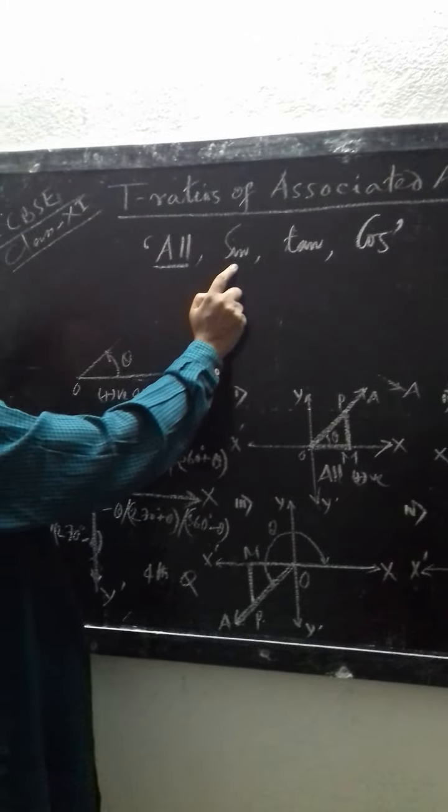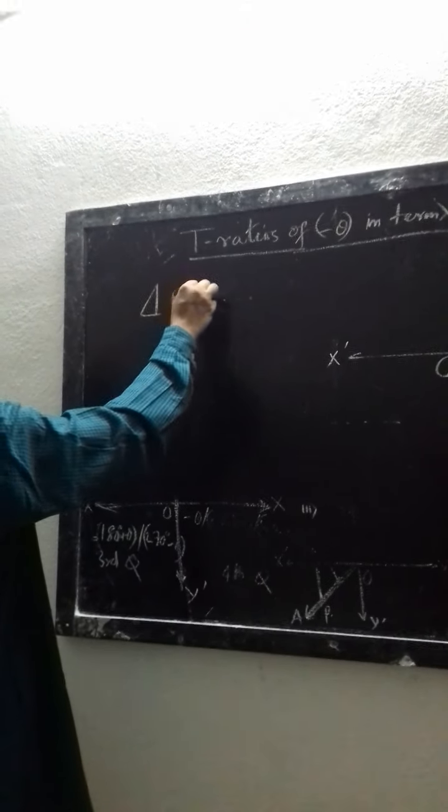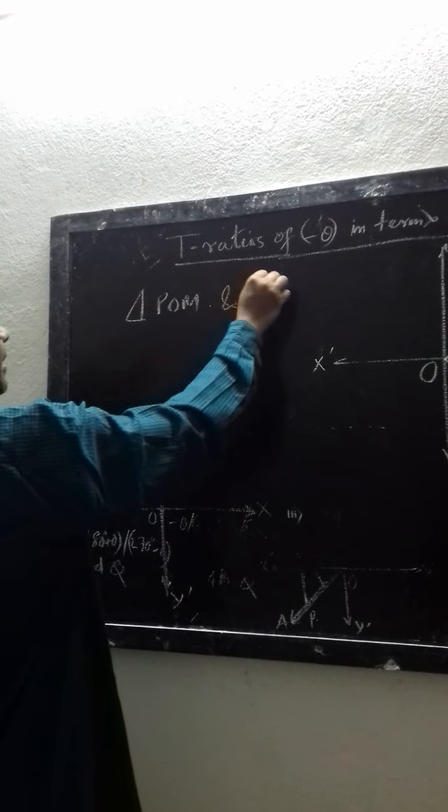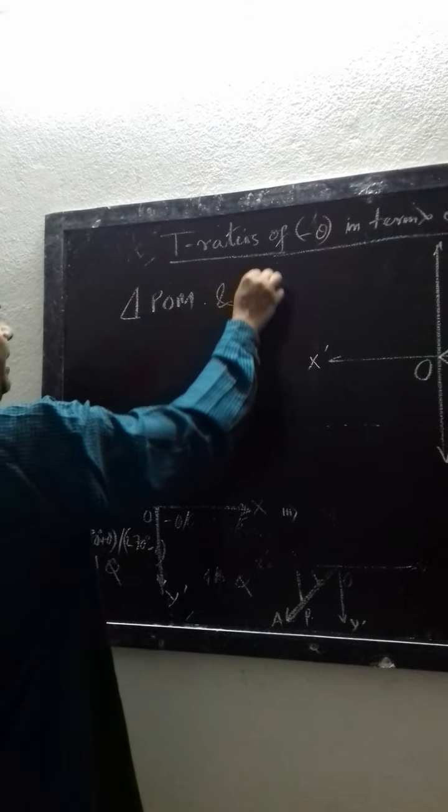Let a point P be on OA. Draw perpendicular PM on the x-axis and produce it to OB, which cuts OB at the point Q. So two triangles, that is triangle POM and triangle QOM, are congruent.